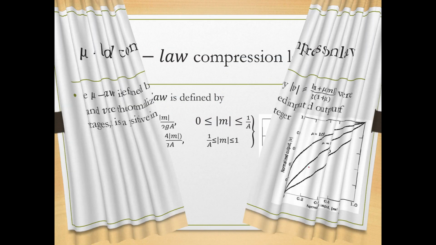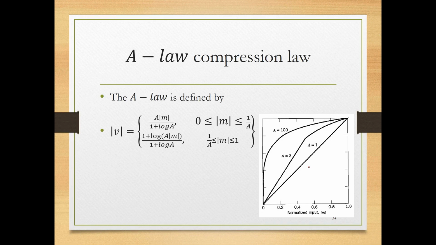So we have also A-law compression. In this type of compression, the difference is the equation. We can see that we have two equations for two regions. When the message value is between 0 and 1 over A, where A is a positive integer, then we use this equation. If the message value is a little bit larger, then we use this equation. When the message value is small, you tend to magnify the output of the compressor more.